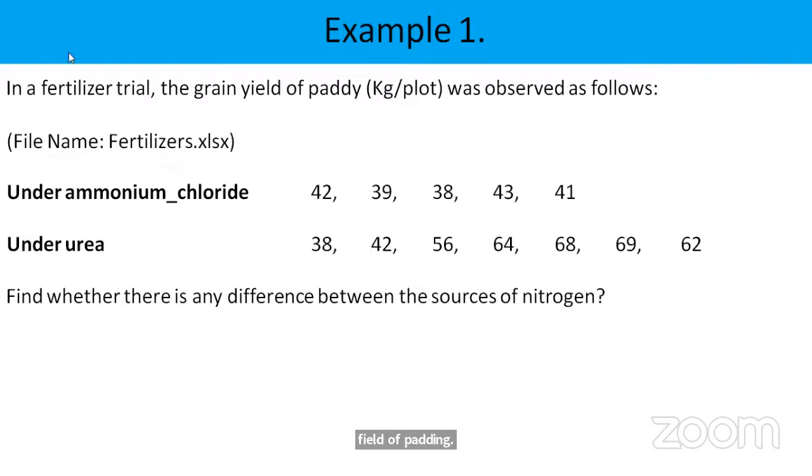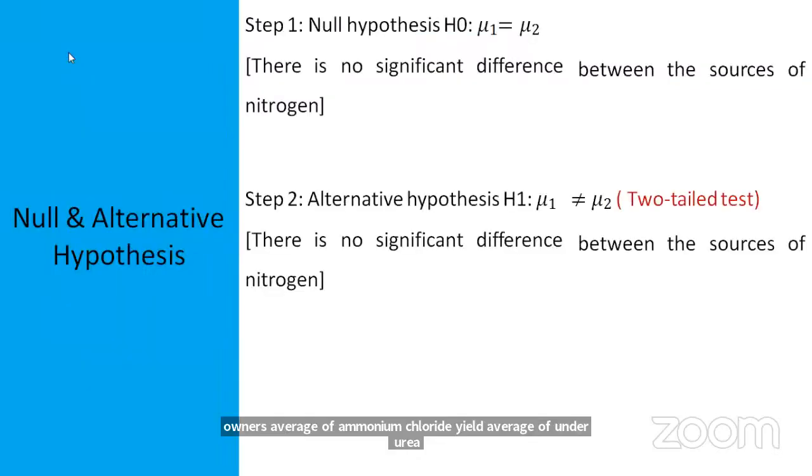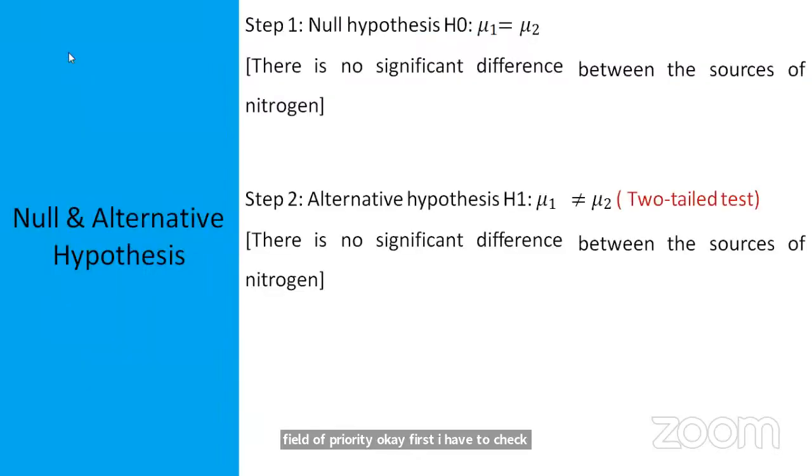So here we have two variables, that is two samples. One is ammonium chloride, the second one is urea. Based on this, we have to find the mean for each, mu1 and mu2. Mu1 is the average yield under ammonium chloride, mu2 the average yield of paddy under urea. First the null hypothesis is mu1 equal to mu2, that there is no significant difference between the source of nitrogen.